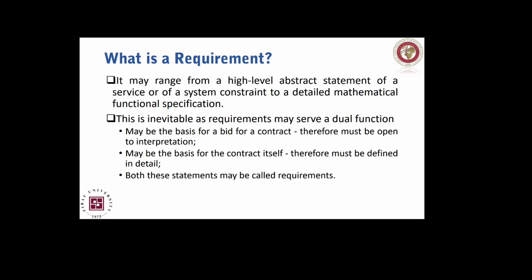Now you may ask me, why do we need two different categories of description or requirements? Why do we need both extreme abstraction and extreme detail? Well, we have a valid reason. The first is that we may need this kind of description as a bid for a contract. Different companies will be bidding for a contract, and in that case they will just provide a plain view of their own about the project.